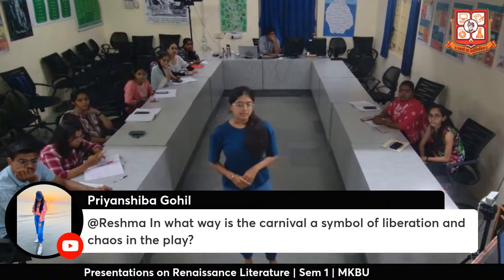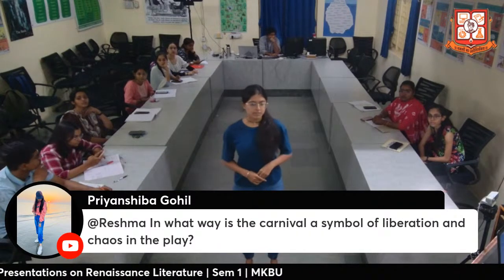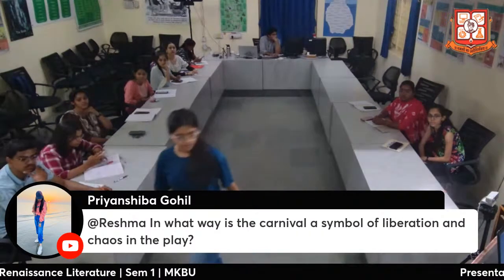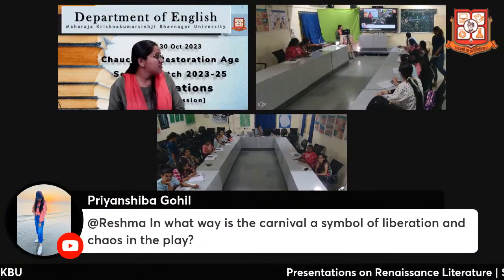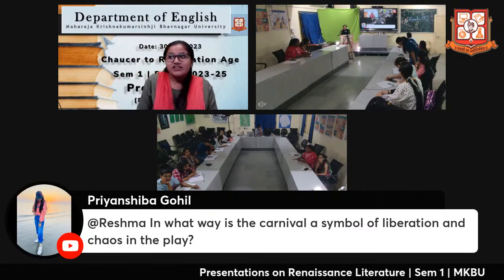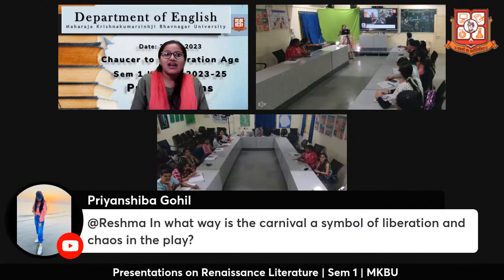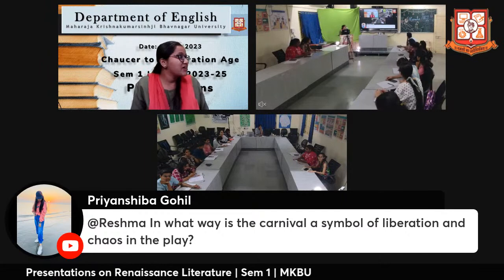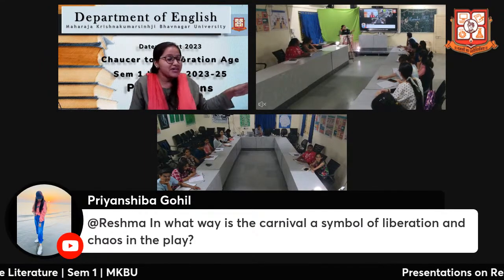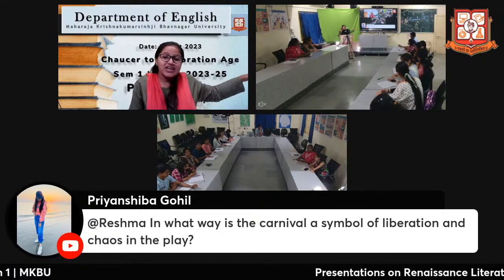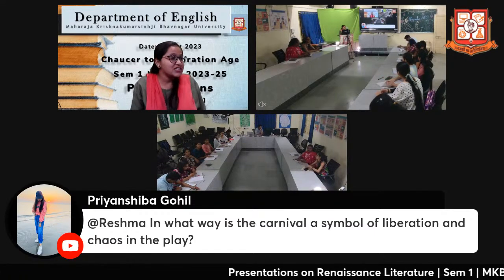In what way is the carnival a symbol of liberation and chaos in the play? Okay, liberation and chaos. Festivals usually have many kinds of restrictions, but here the carnival is celebrated very freely in Venice in Italy, without any restrictions.